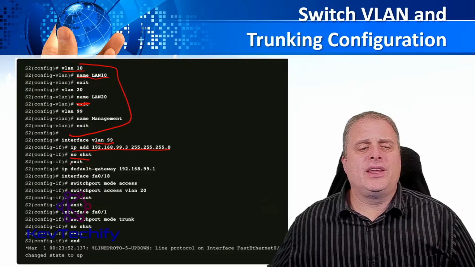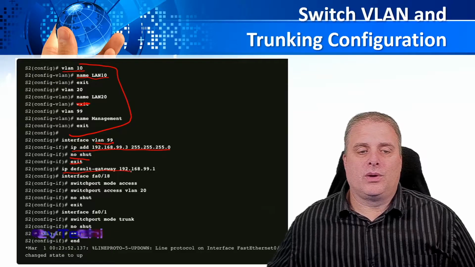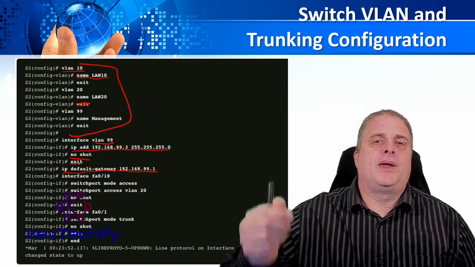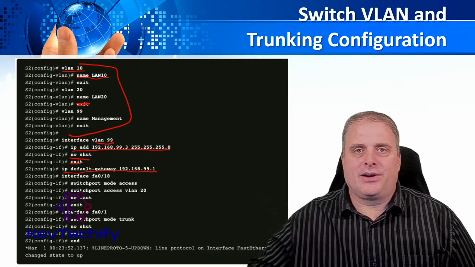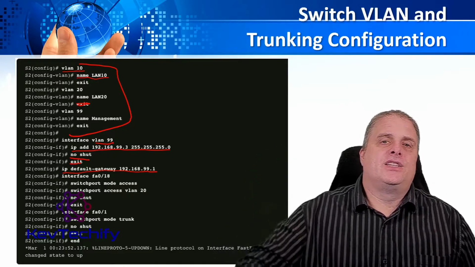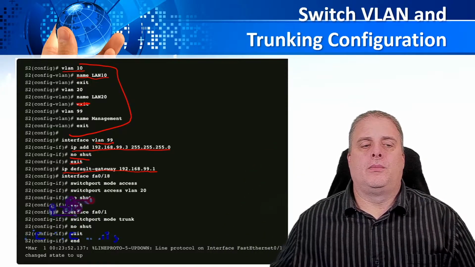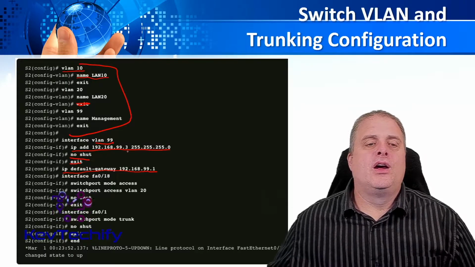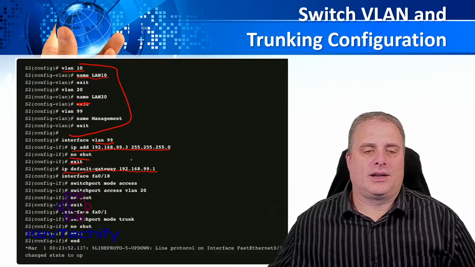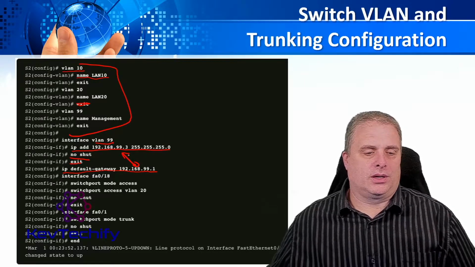You exit out of the interface configuration, and then you set your default gateway. Once again, that default gateway is if you're going to manage that switch from a remote network. You're going to sit in your office, feet up, headphones on, at your desk, and manage a switch that's halfway around the world. You're going to have that default gateway in there. Make sure you set that default gateway for the network that your management port is on. And if you notice, these two are on the same network.